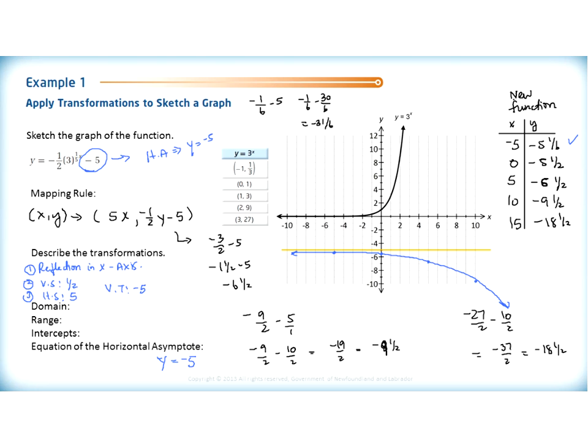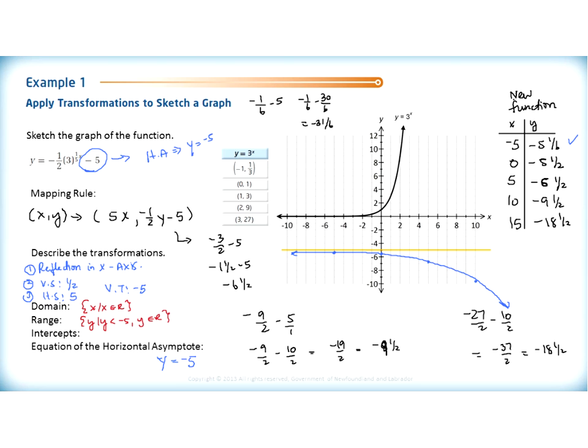Now we also need to state the domain, the range, and any intercepts that are occurring here. The domain, if you look at the graph, is all real numbers. X such that X is any real number. The range, the values of y where you can find points on the graph, are the values of y that are less than negative 5.